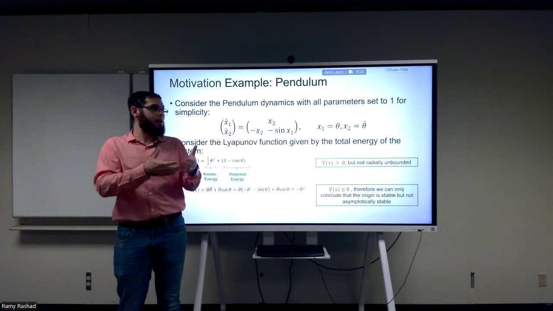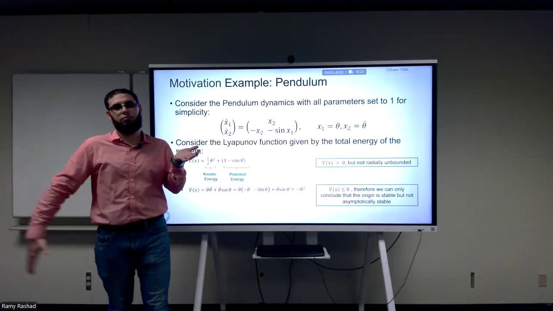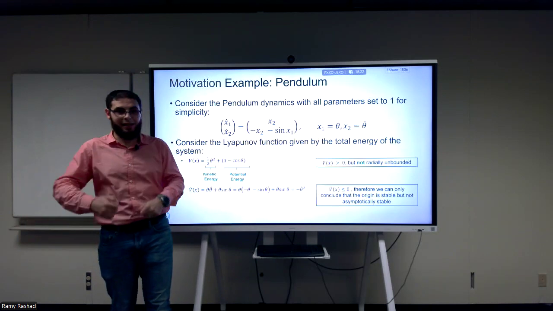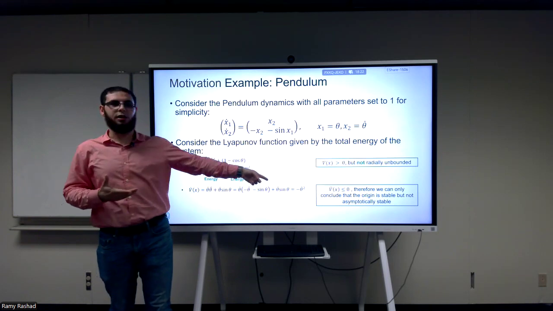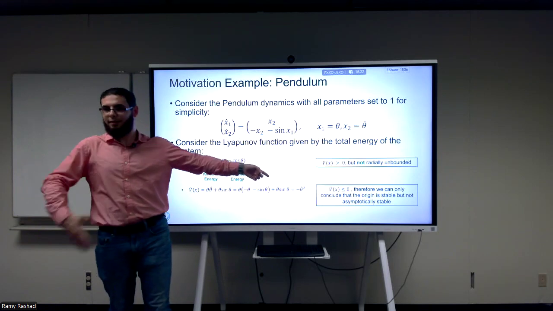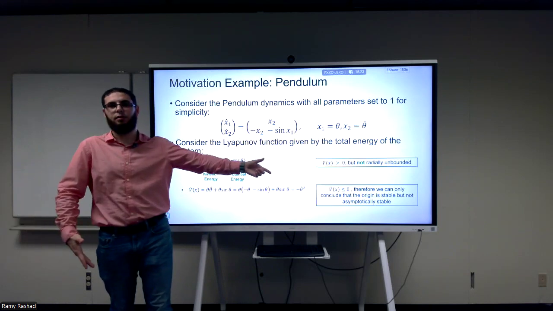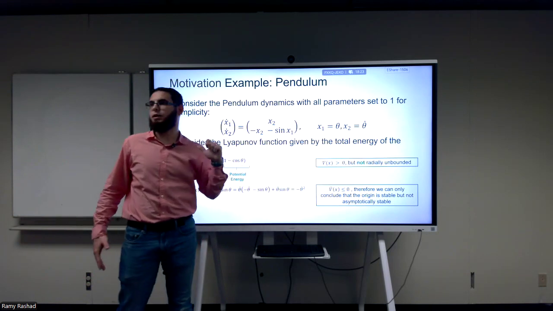And using this weaker method, we concluded that the downward pendulum position is asymptotically stable. When we tried the more powerful technique, Lyapunov's direct method, it failed to show what we already know, by the way. We already know that the downward position is asymptotically stable. But we only concluded from the method that it's stable and not asymptotically stable.